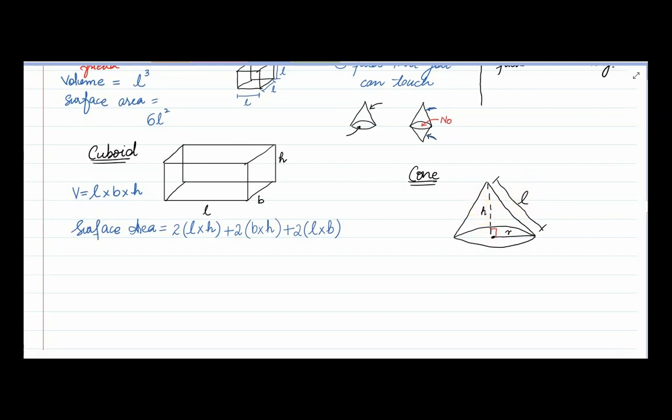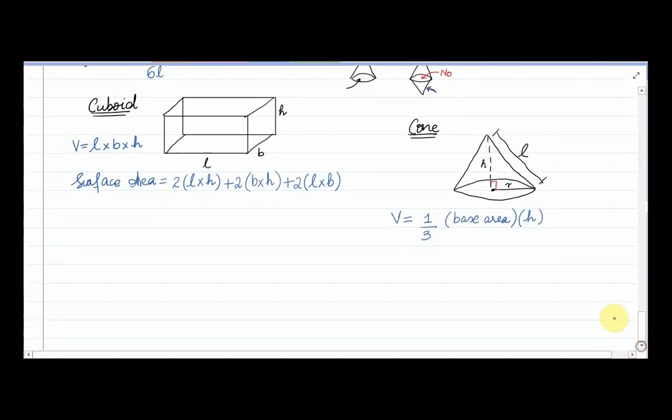Now what is the working formula of volume of cone? So volume of cone is 1 upon 3 base area multiplied by height. Now what is base area? The area that touches the base. If your cone is placed in such a way that the base is a circle, right?